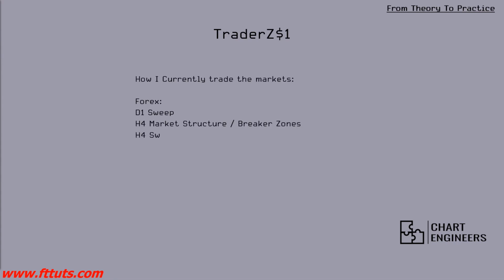So now, moving on from how I trade Bitcoin, I'm going to be going over how I trade my Forex pairs. I like to mainly focus on the higher time frame, just because I don't have to spend as much time at charts, but my trades will be much less frequent.